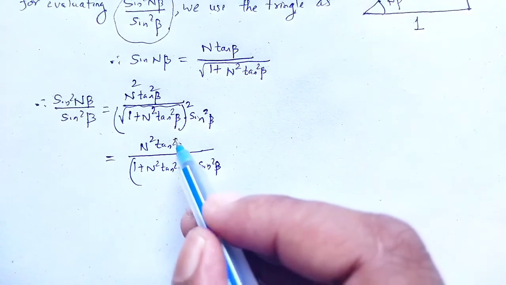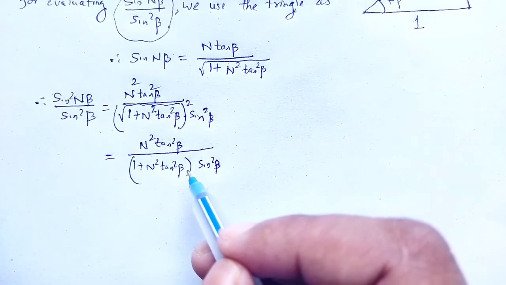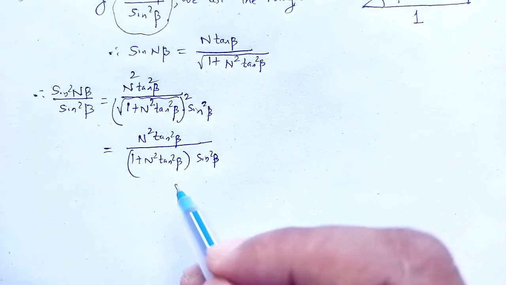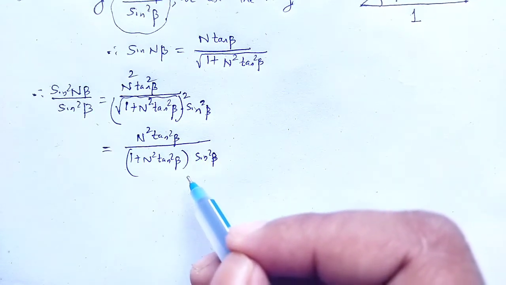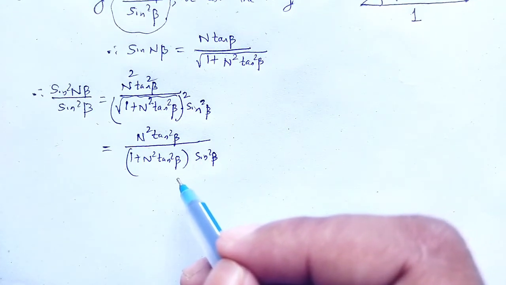Tan square beta is equal to sin square beta by cos square beta, so the sin square beta terms cancel out.